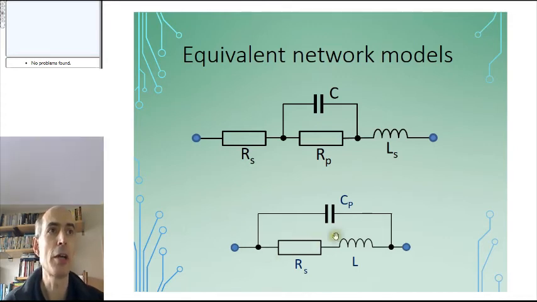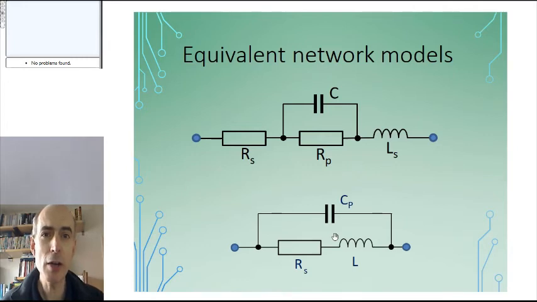The other network down here is a network model often used for real inductors. It has a series resistance here, which can be quite large for real inductors, and a parallel capacitance here, so that at very high frequencies, the impedance of an inductor, a real inductor, actually decreases with frequency.